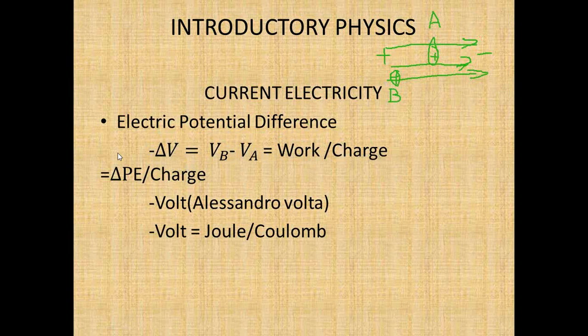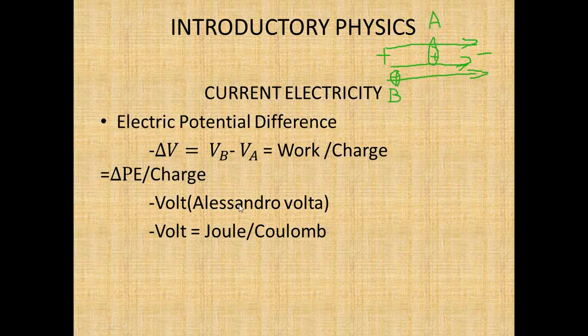Remember that the work is the change in potential energy, because at this location, your charge is going to have a certain potential energy. We call that electric potential. At this location, it's also going to have a certain amount of potential energy. So the difference between the two is the change in potential energy per unit charge.